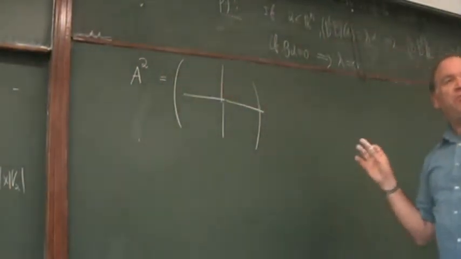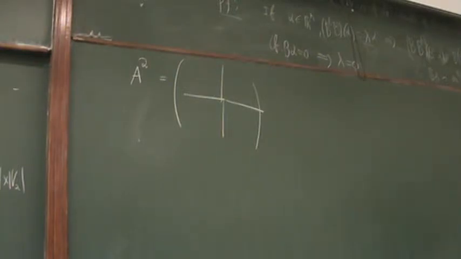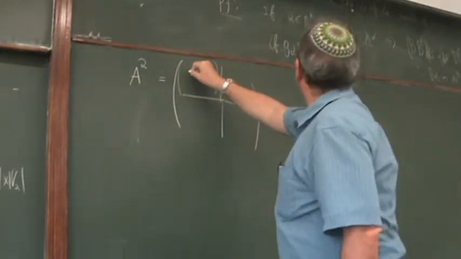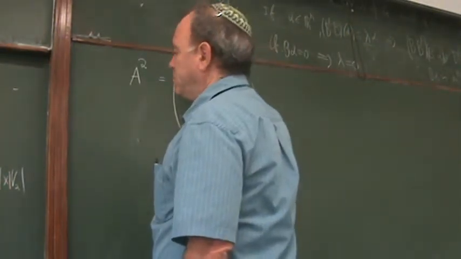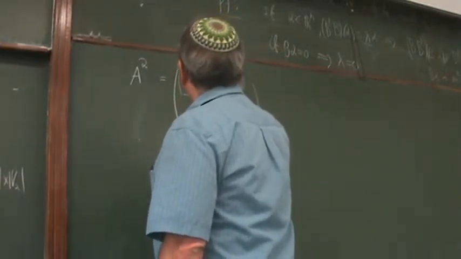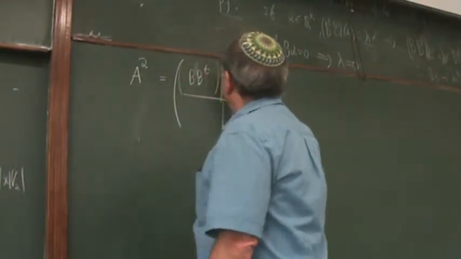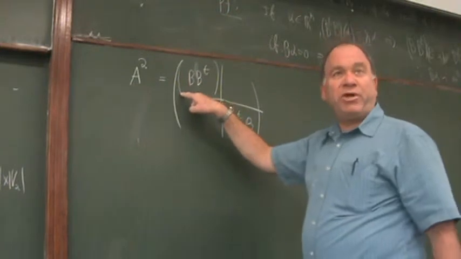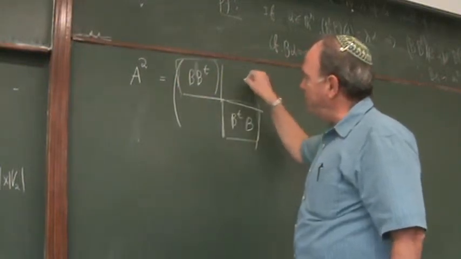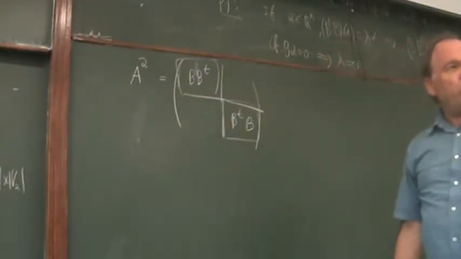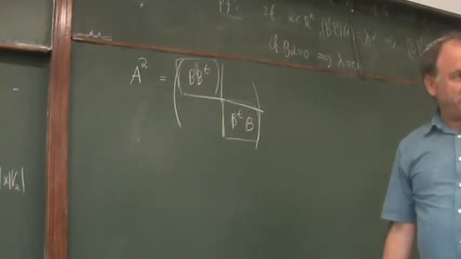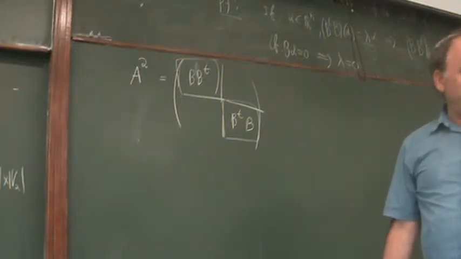The graph which is represented by A squared is not connected, because it has a block here, which is BB^T, and here B^TB. So this is an unconnected graph, because all the vertices here are connected between themselves and all the vertices here are connected between themselves, and there is no connection between the two. So there are two connected components. So the largest eigenvalue appears twice, and the smallest eigenvalue appears twice.